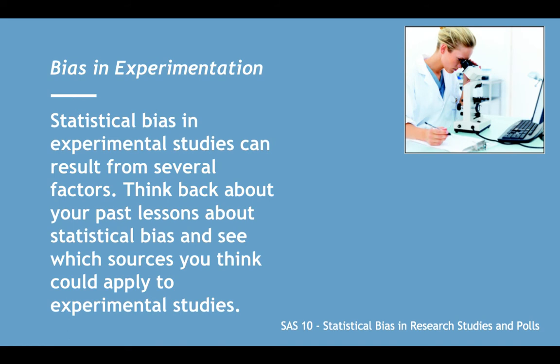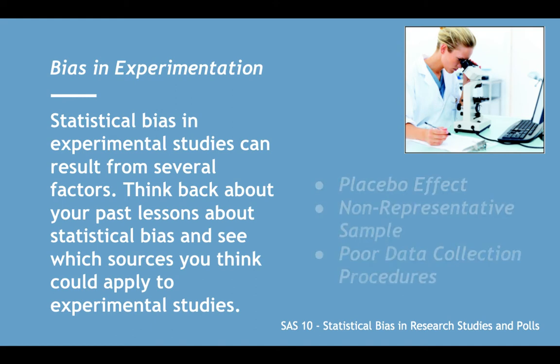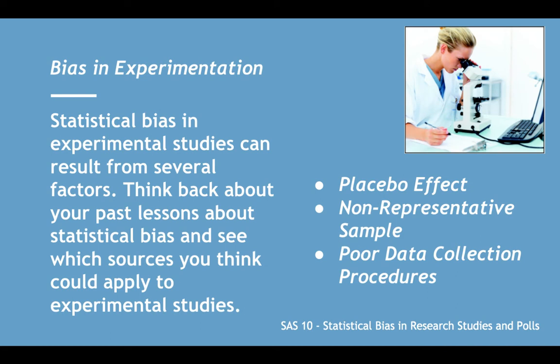Or maybe someone in the control group doesn't know they're in a control group, or is getting a treatment that's actually not a treatment. It has inactive ingredients, and they believe that they want to get better, so they believe that it's actually helping them. So those are some ways: placebo effect, a non-representative sample, and poor data collection procedures. Those are the kind of things that create bias in experimentation.